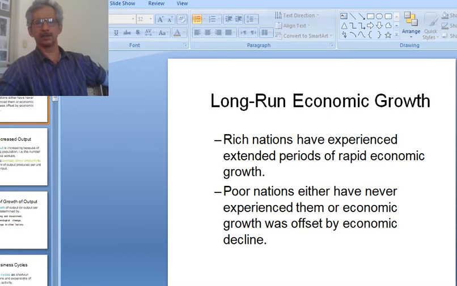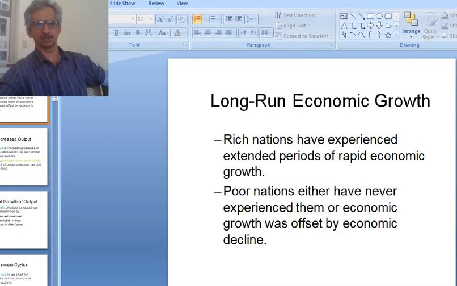So, the long-run economic growth: the rich nations have experienced extended periods of rapid economic growth. If we check history, it tells us that the rich nations are continuously growing. Only sometimes their economies suffer some sort of recession or fall in output growth, but most of the time their economies are growing day by day.